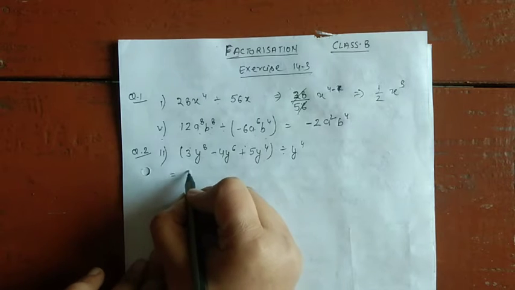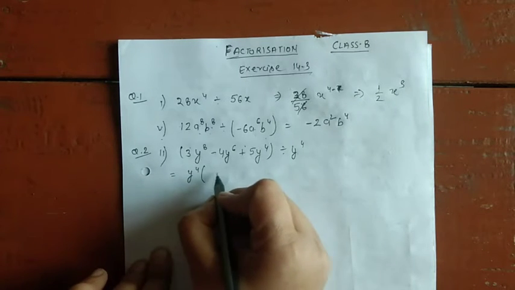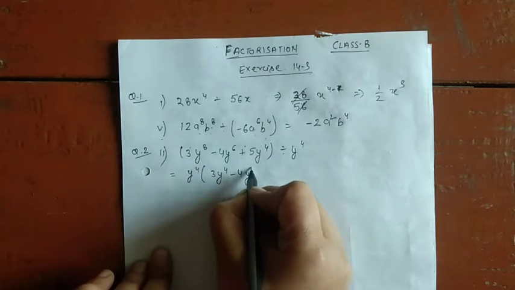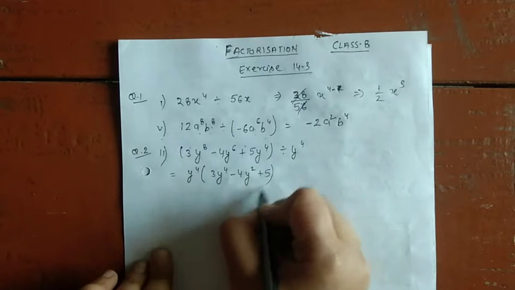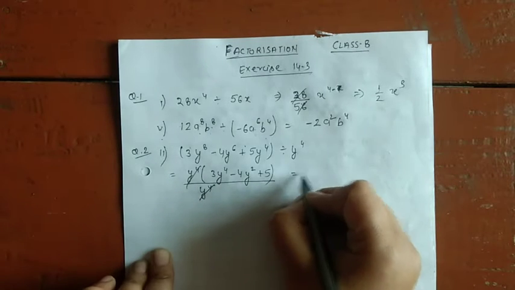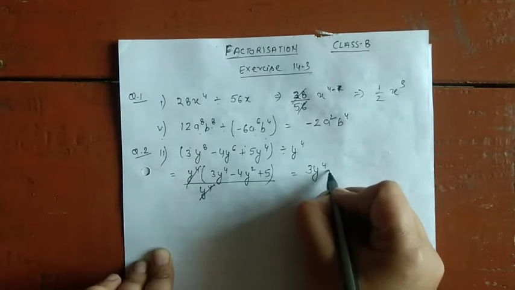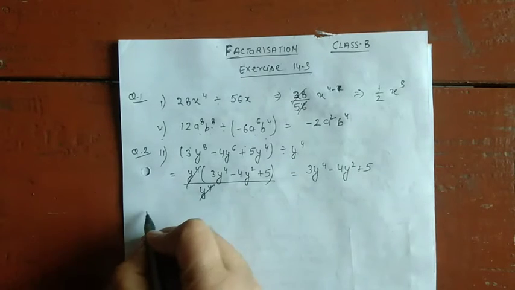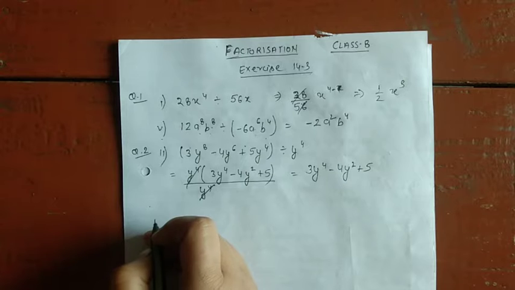Here I find that when I take y to the power 4 as common, it is quite easier to solve the question. Just see the remainder here, and it needs to be divided by y to the power 4. They both will be cancelled out and our result is 3y to the power 4 minus 4y square plus 5. The same method we are utilizing as we solved in our previous video.